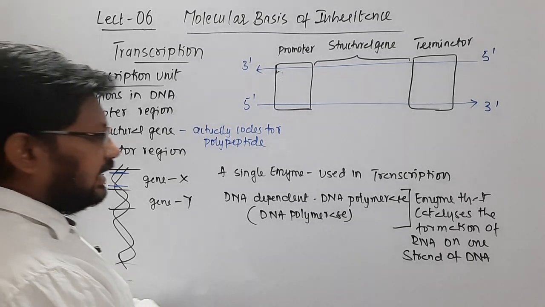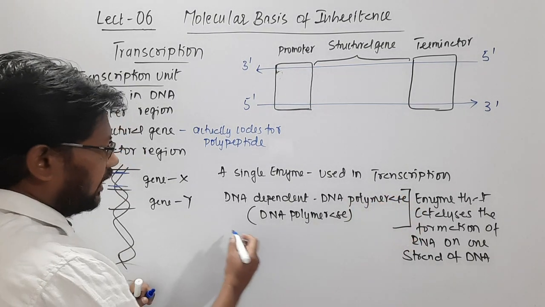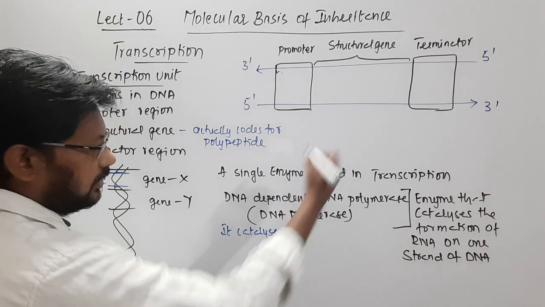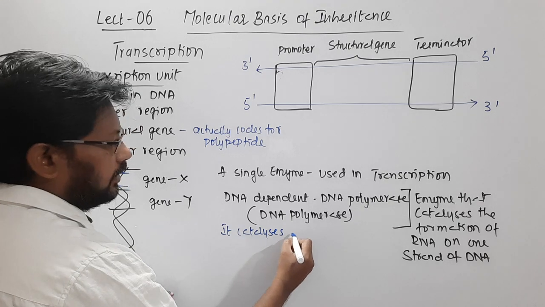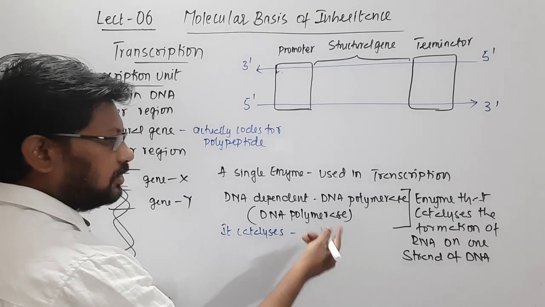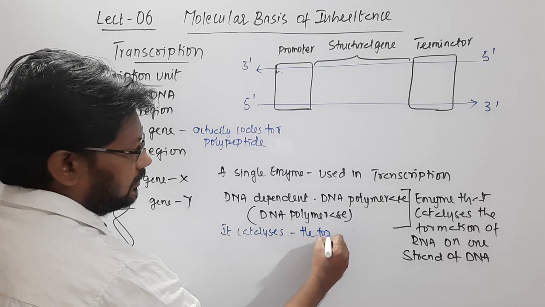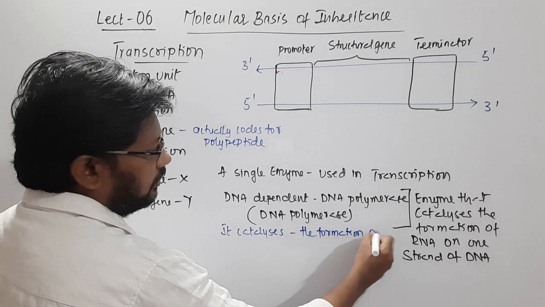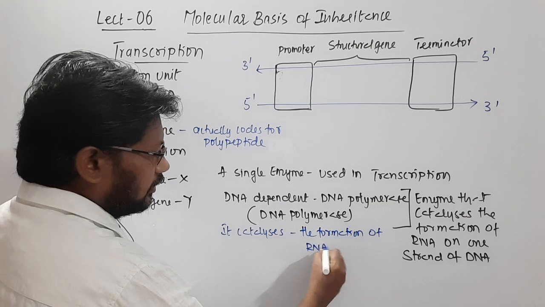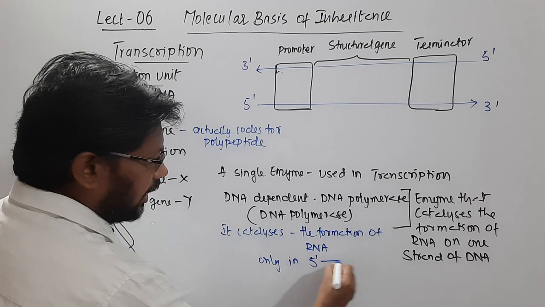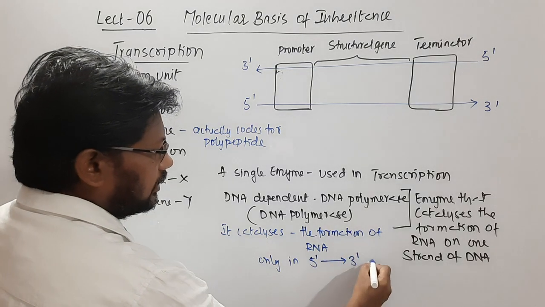And this DNA dependent RNA polymerase catalyzes the formation of RNA only in the 5' to 3' direction.